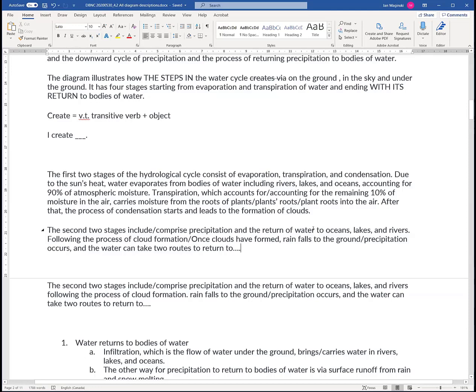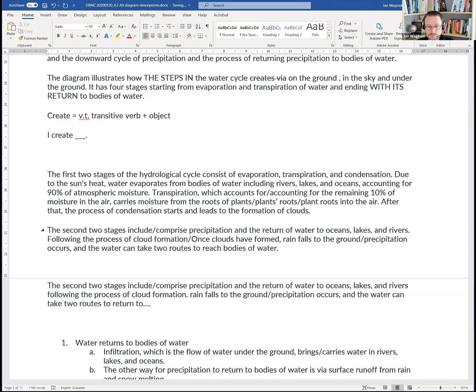Okay, I want to return to... Let's just say water can take two routes to reach bodies of water. Two routes to reach bodies of water. To reach. And the cycle.